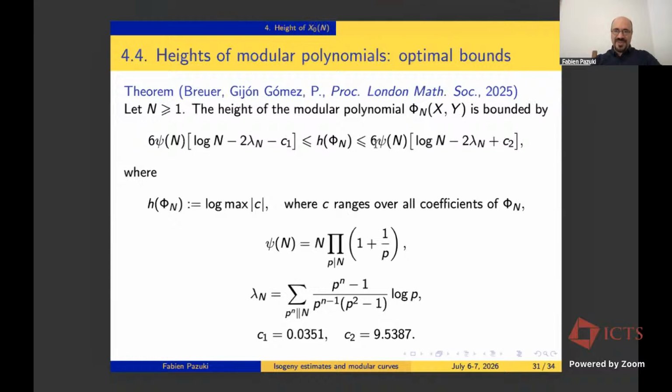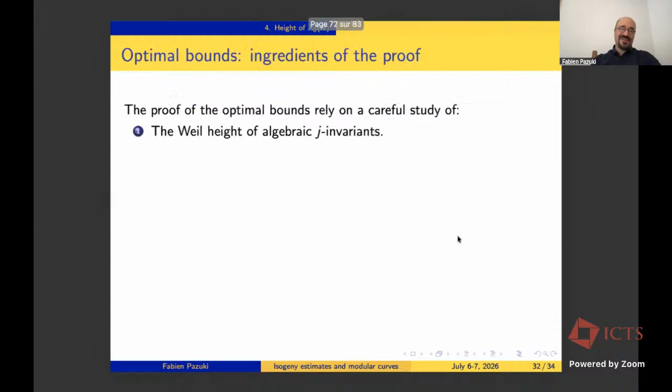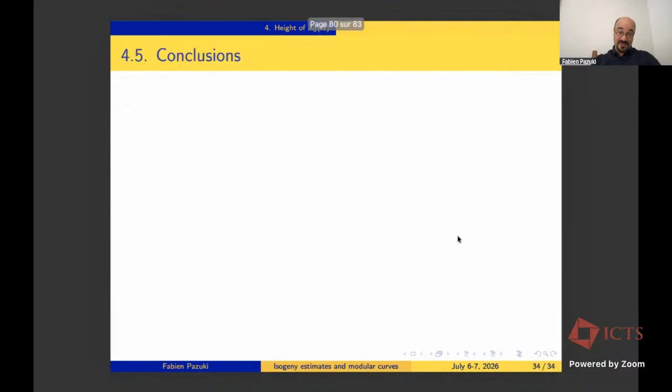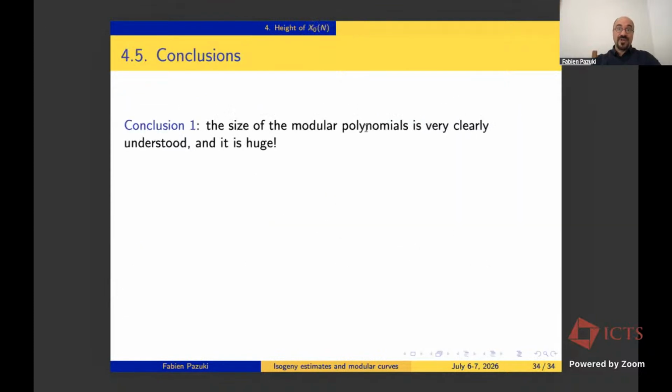The main term is 6ψ(n) log n, so essentially 6n log n, but the height is logarithmic. So it means the coefficients grow as exp(6n log n). Even if you take n equal to 2, it's big already. So if you want to do explicit families, it's going to be difficult because the polynomials really have huge coefficients. So this is something you should keep in mind.